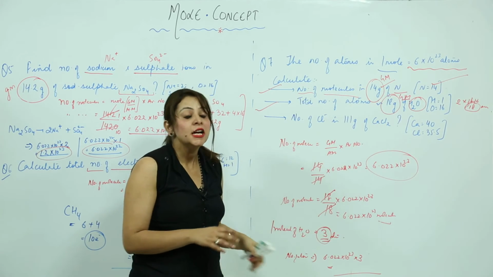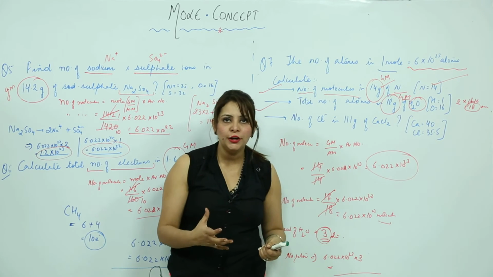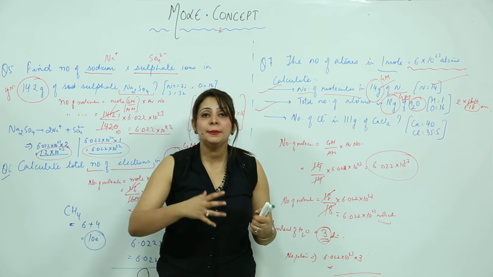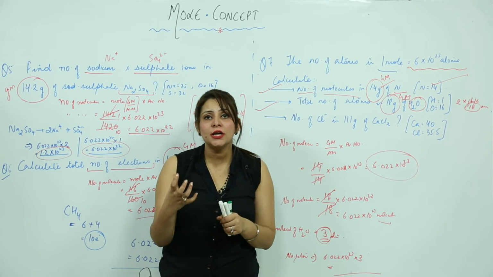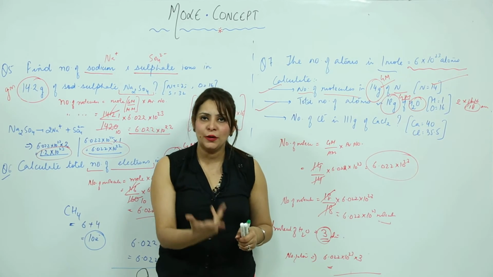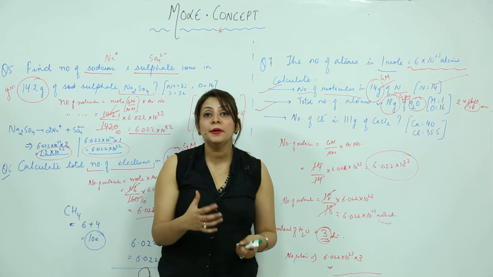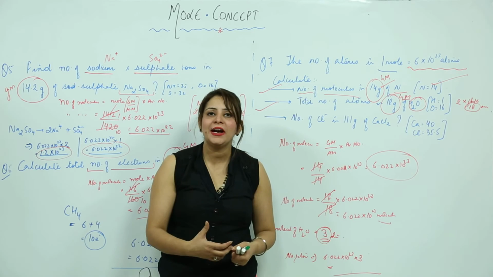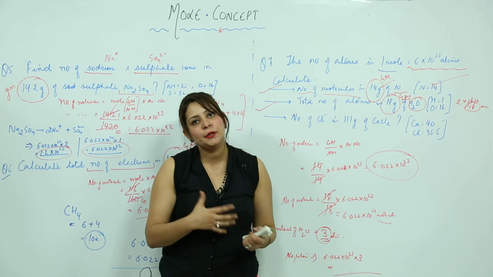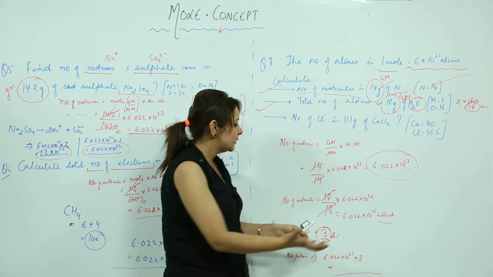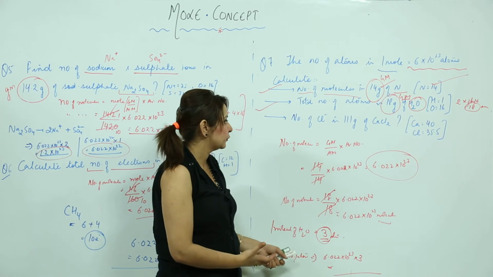If somebody asks you for the total number of molecules, you know how to do that, right? If somebody asks about the total number of electrons, find the number of electrons in one molecule and just multiply it. If somebody asks about the total number of ions, again find the number of ions in one molecule and then multiply it with the total number of molecules. So this is what we have done in this case also.